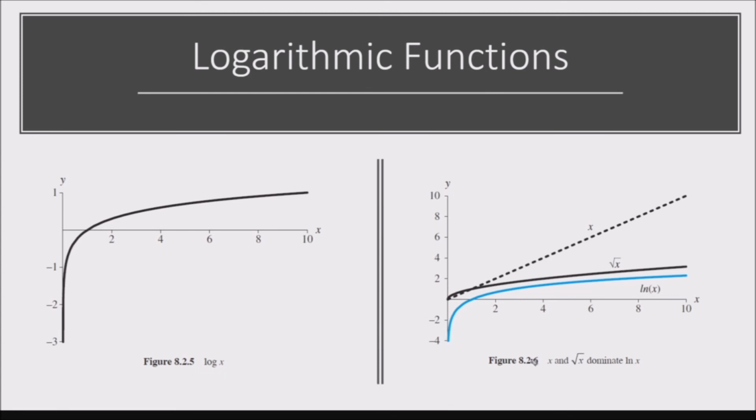This one shows you how x, square root of x, and the linear x look. So this one is y equals mx, with b being 0 because it's going through the origin, this one is y equals square root of x, and this one is y equals ln x.